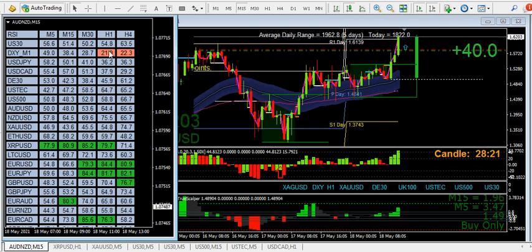So when you've been away from the charts, or you've just got up in the morning, Euro US dollar is a strong uptrend on the higher time frames, H4, H1, M30, and we're actually just seeing a pullback. That's why these two are pale blue, or whatever colour you can see. So this is good for the longs, possibly in a pullback.